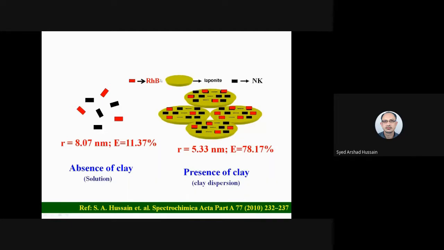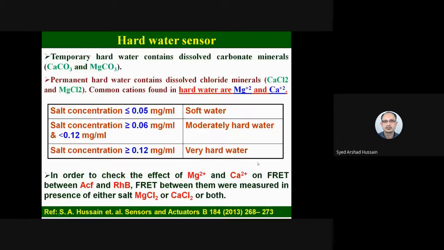But when we incorporate this donor and acceptor in the clay, they are adsorbed on the clay surface through cation exchange reactions, and you see the distance becomes closer. So energy transfer efficiency increases. So here clay plays a major role in increasing the energy transfer efficiency.